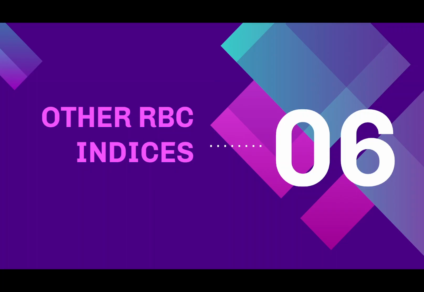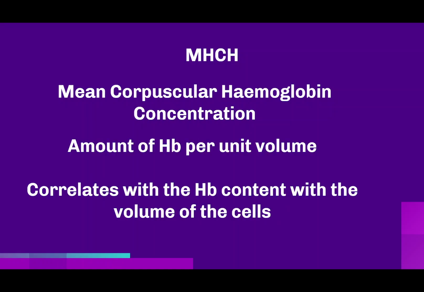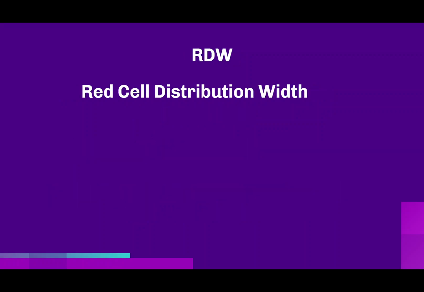What are the other RBC indices that we use? The first one is MCHC, which means mean corpuscular hemoglobin concentration, which indicates the amount of HB per unit volume. Try to compare this with MCH; this correlates the HB content with the volume of the cells.